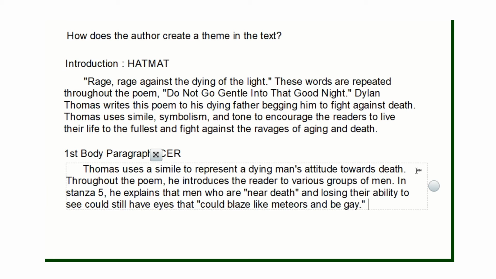All right, so now we have set the context, we've introduced our evidence, and now we have our quote from the text. Now we need to explain it.